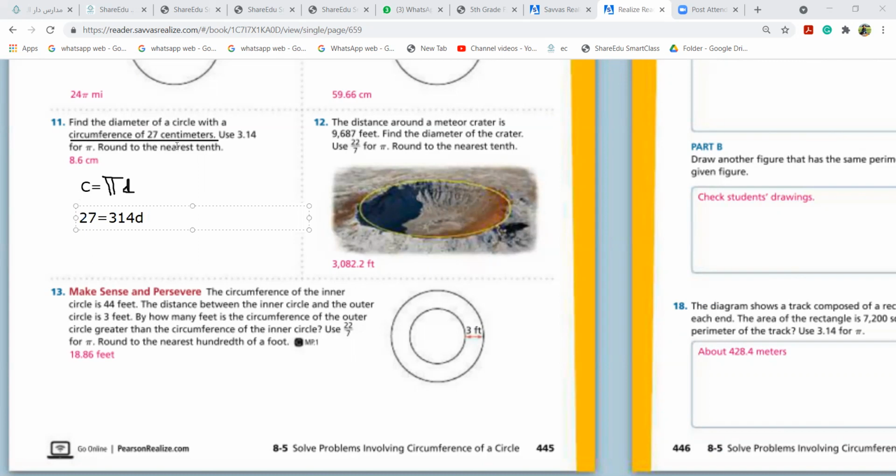I don't know D. And I told you when you have to find the diameter D, you will just divide C by 3.14. So I just take 27 divided by 3.14.